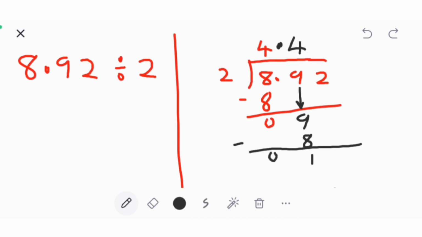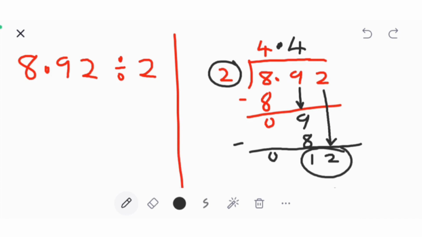Then you write your 0. Then is there a digit we can still bring down? Yes, there is. You bring down 2. Like I told you before, anytime you bring down a digit, you must divide. So, how many times can 2 go into 12?